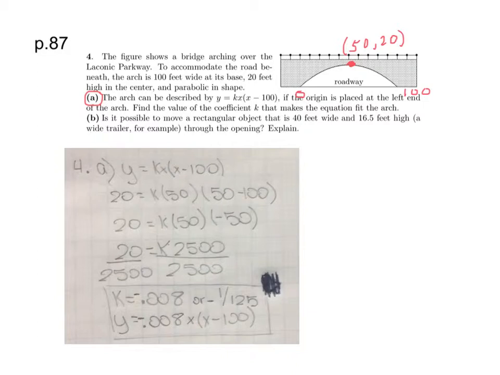So the equation y equals kx times (x minus 100), you plug in the points, which is 20 in the place of y and 50 in the place of x, and then you solve for these, which is negative 50, and then you multiply them together, which should be negative 2500, and then you just divide, and then you get either 0.008 or negative 0.008 or negative 1 over 125.